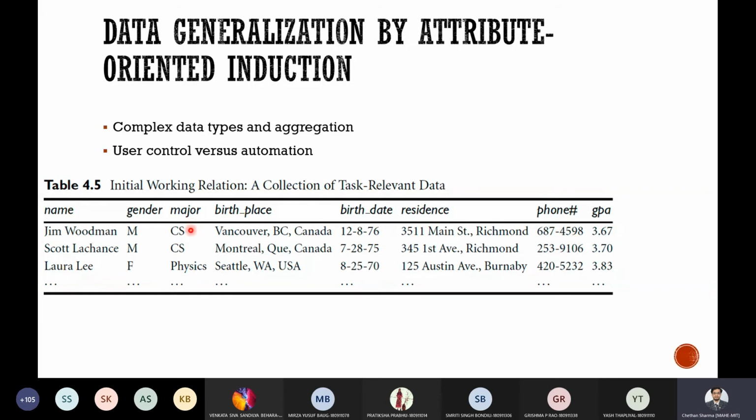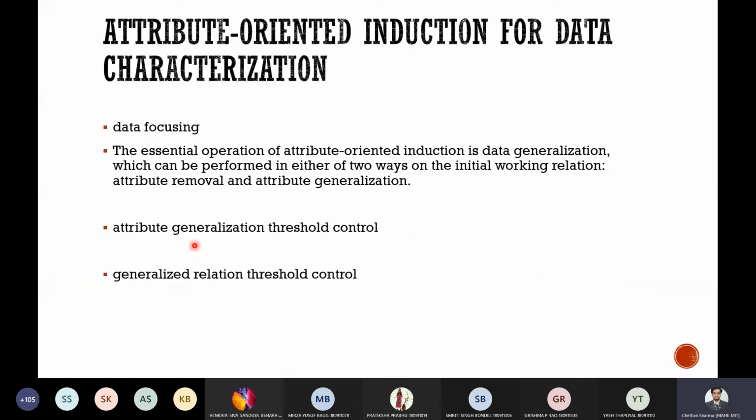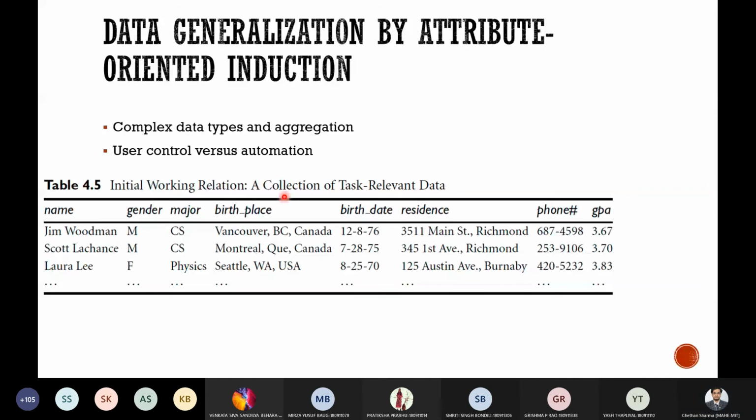Instead of writing CS, it can be more generalized. So by attribute generalization and attribute generalization control, you can generalize major by climbing up the concept hierarchy.